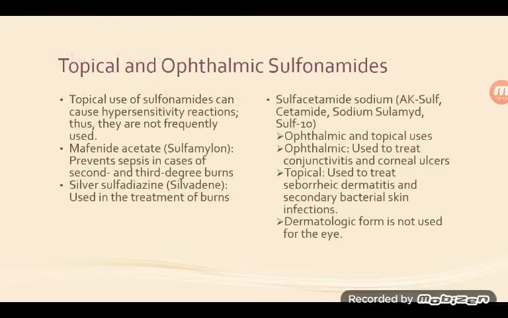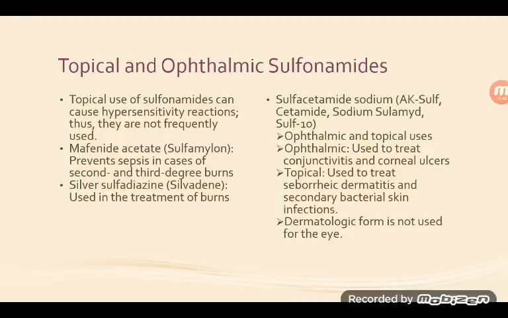Sulfonamides, topical and ophthalmic. Topical use of sulfonamides can cause hypersensitivity reactions. Thus, they are not frequently used. Sulfamylon prevents sepsis in cases of second and third degree burns. Silver sulfadiazine or Silvadene can also be used in the treatment of burns.